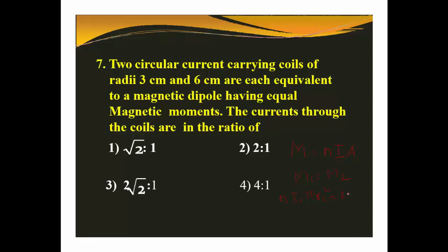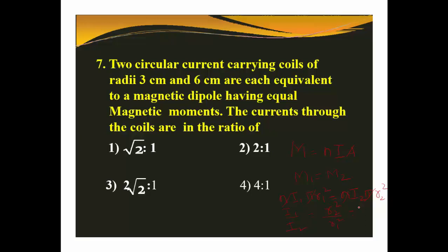Second one, N I2 pi r2 square. If you cancel N and pi on both sides, you will get I1 by I2 equal to R2 square by R1 square.